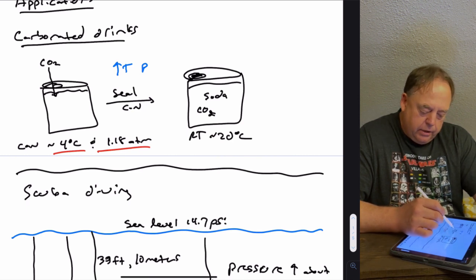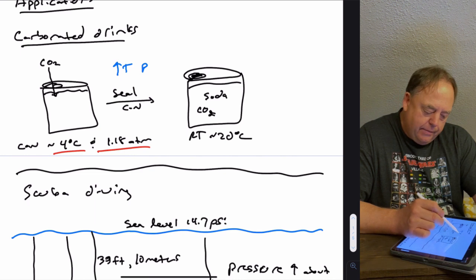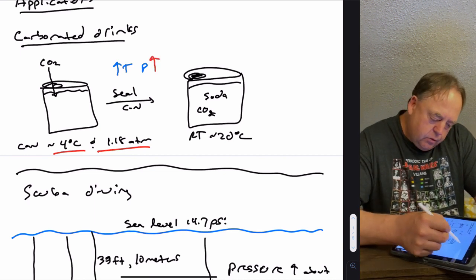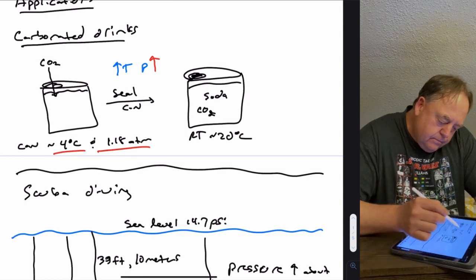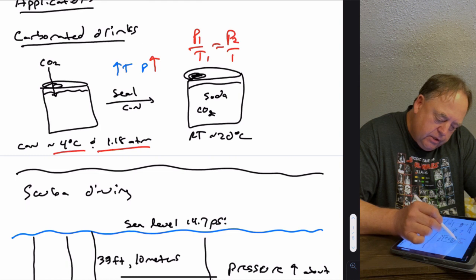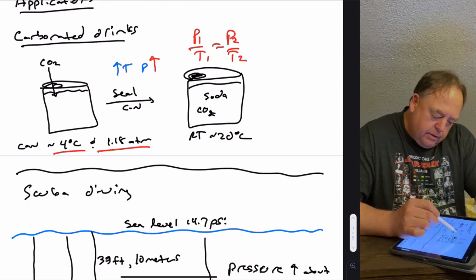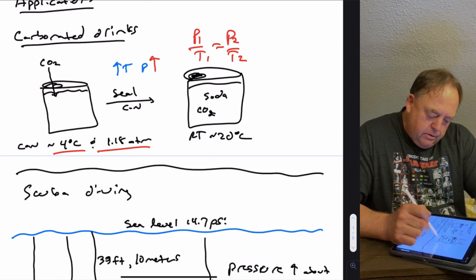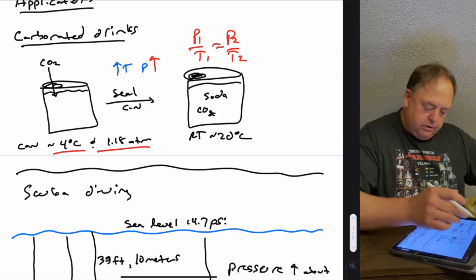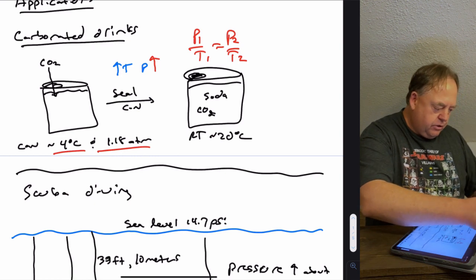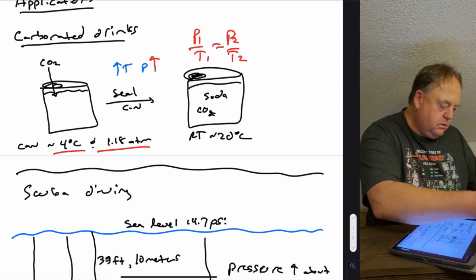Then when that can comes to room temperature, what's going to happen? As temperature goes up, pressure goes up, right? So that equation, P1 over T1 equals P2 over T2. As temperature goes up, pressure goes up: Gay-Lussac's law. Now you have a soda can at 20 degrees Celsius, and the pressure inside that can is going to be greater than when it was sealed.